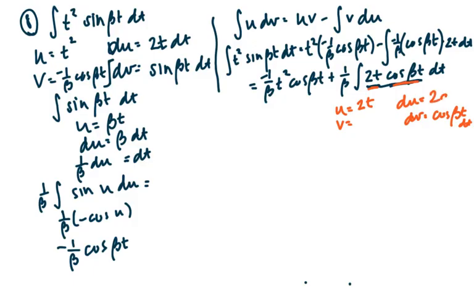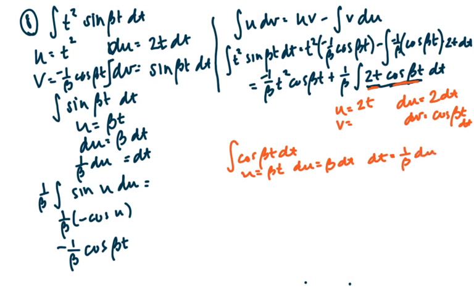du is 2 dt, nicely. And we're going to integrate cosine of beta t, dt. So we let u equal beta t, and du equals beta dt. So dt equals 1 over beta times du. So we have 1 over beta, the integration of cosine of u du.